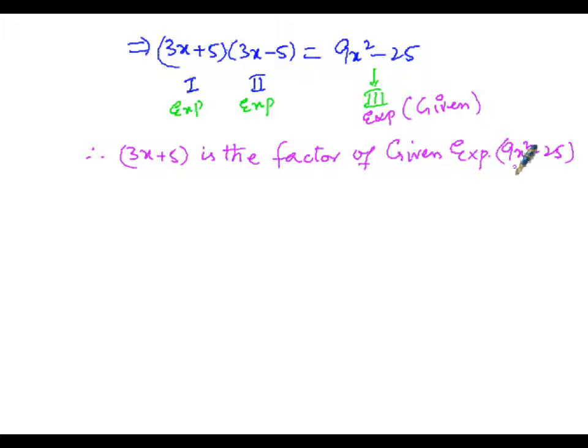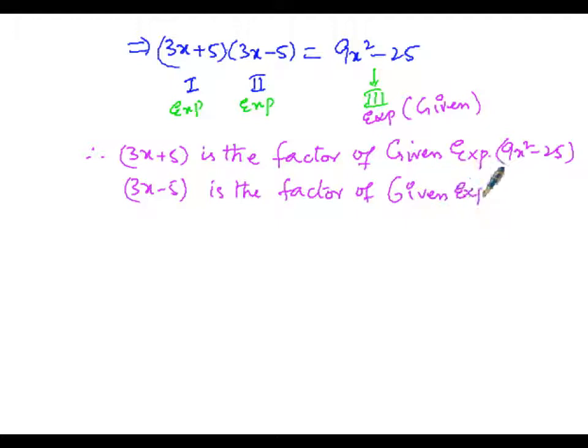Similarly, the second expression, 3x minus 5, is also a factor of 9x square minus 25. So, in this manner, we got two factors of the given expression: 3x plus 5 and 3x minus 5 are the two factors of the expression 9x square minus 25.